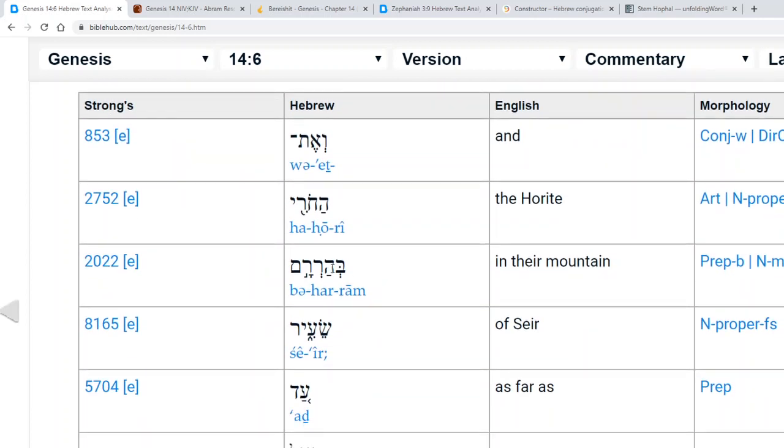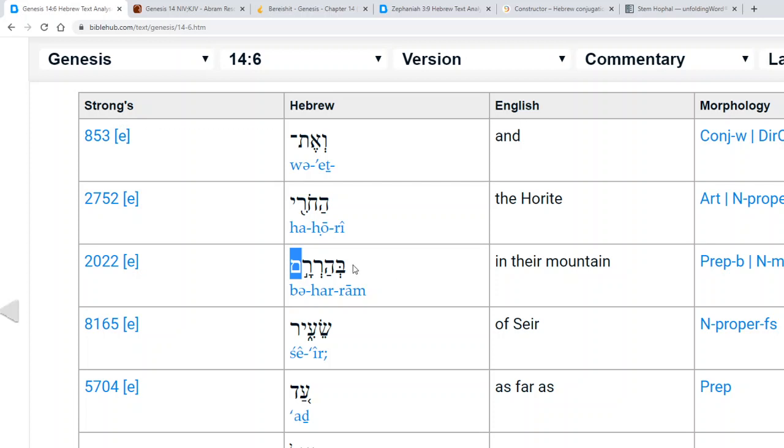Beharam. Yeah, I see why they're saying it's in the mountains. That makes sense. So you have the prepositional bet, the hey, no article, but har is a mountain, hararam, their mountains. The mem is third person masculine plural, in their mountain.